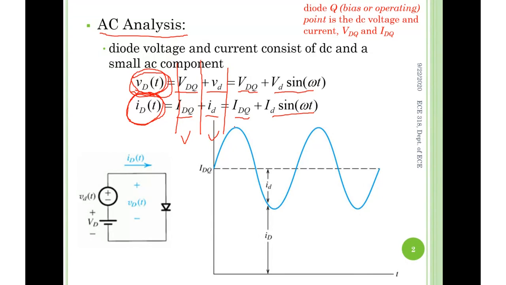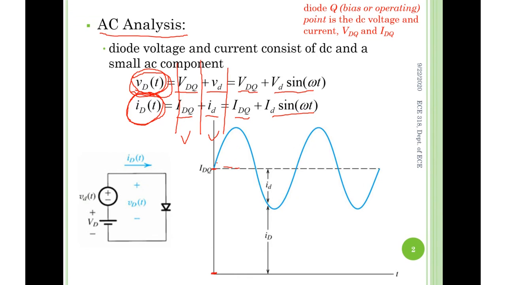So look at the blue curve here. It's sinusoidal. However, what's the average of it? It's the middle line. Be careful, the middle line is not zero. This middle dash line is not zero, because zero is here, where the x-axis is. So it has a DC offset, which is nothing but the DC value.